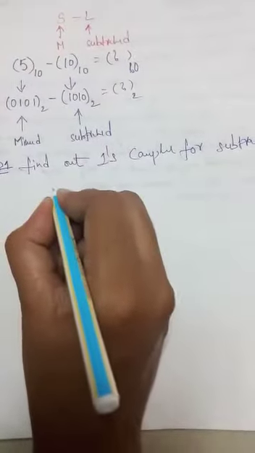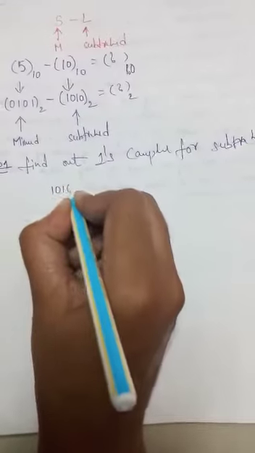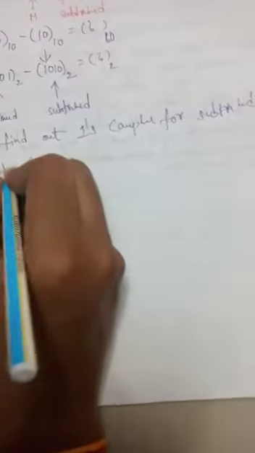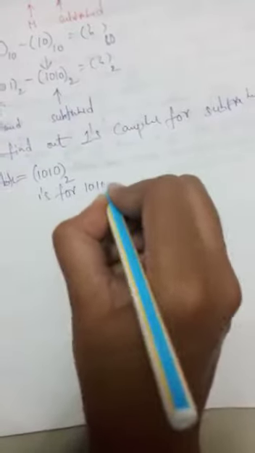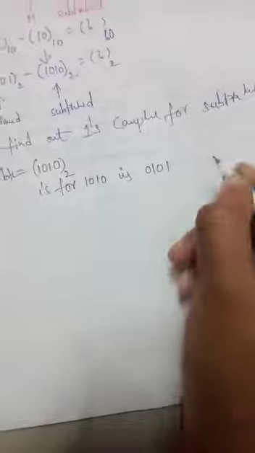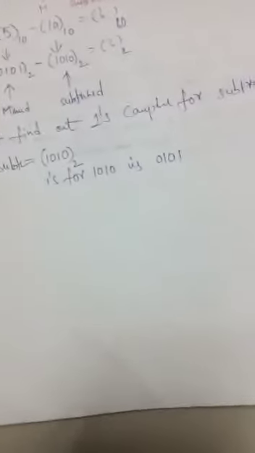So here the subtrahend is 1 0 1 0. So the 1's complement for 1 0 1 0 is 0 1 0 1. This is the 1's complement.